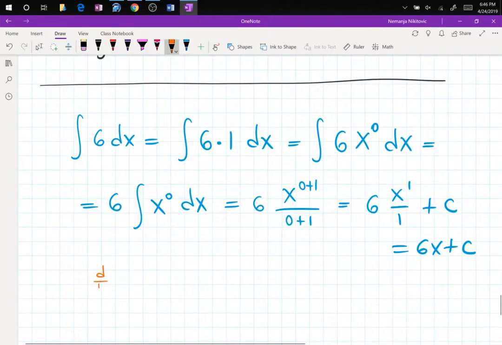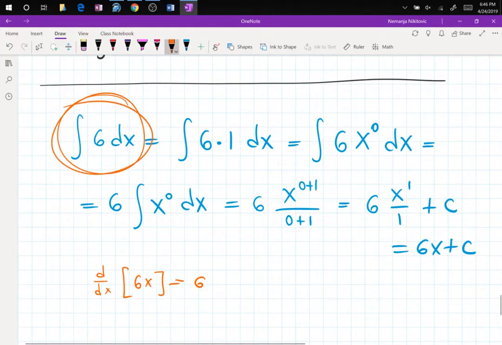Because the derivative of 6x is 6. Yay, right? Always keep in mind, it's a joke to check these. You take the basic derivative you learned in chapter 3, and if you get this, it's 100% okay.